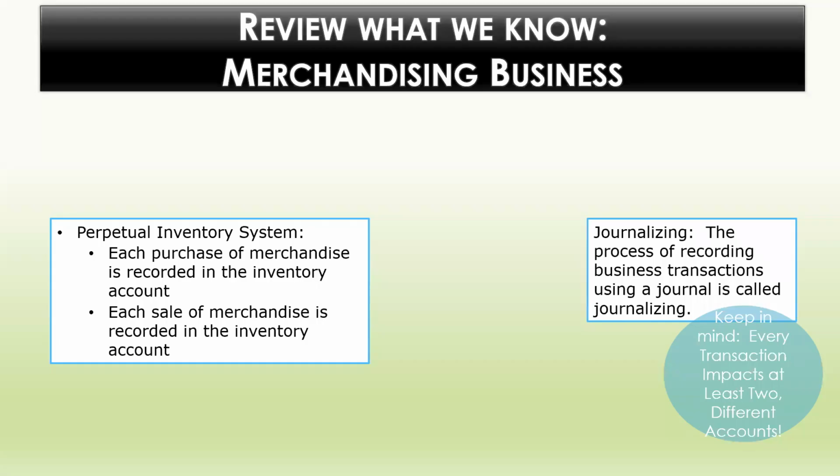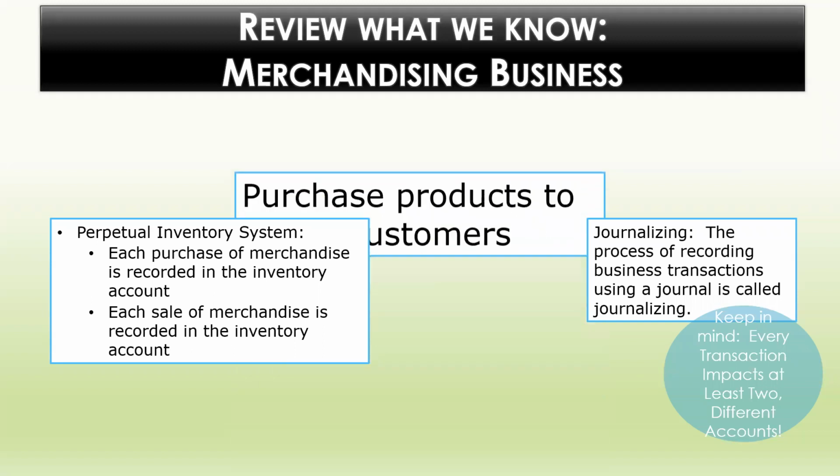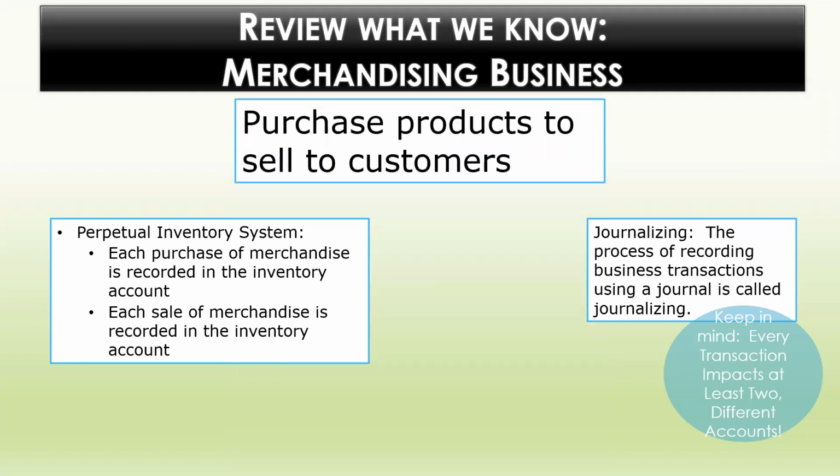Let's review what we know about a merchandising business. A merchandising business will purchase products to sell to customers. In a perpetual inventory system, each purchase of merchandise is recorded in the inventory account along with each sale of merchandise.